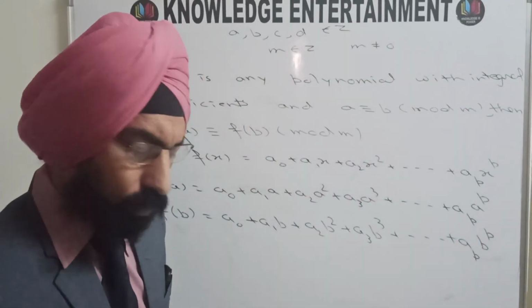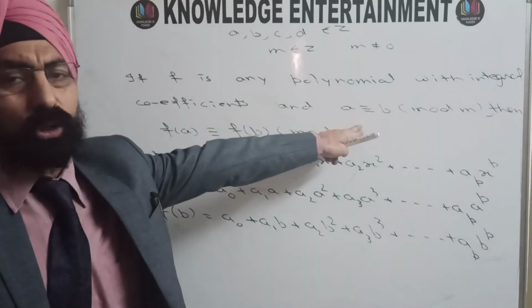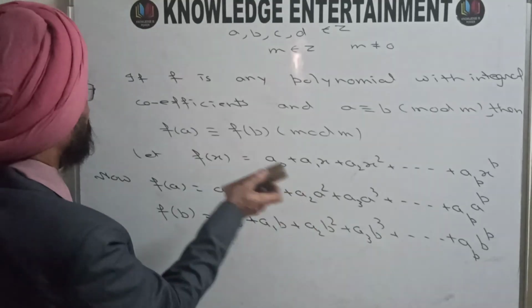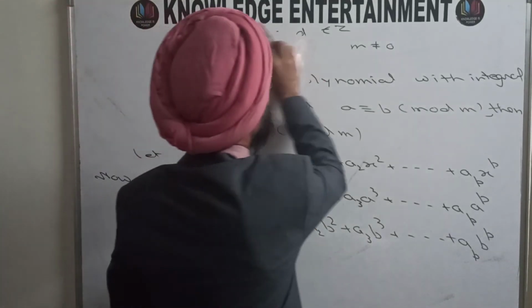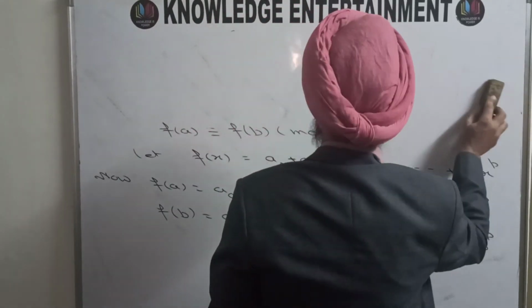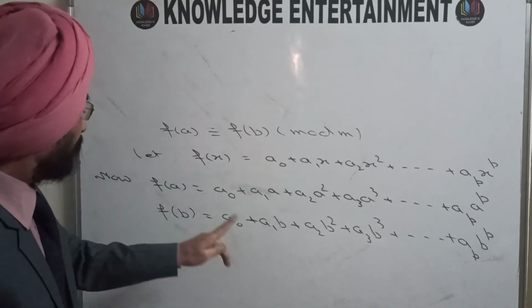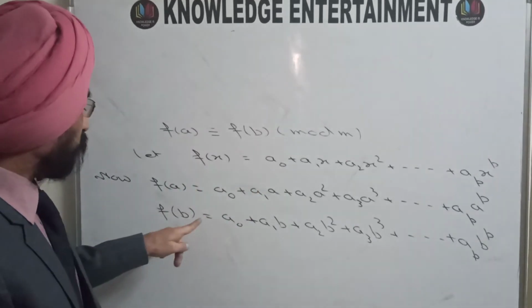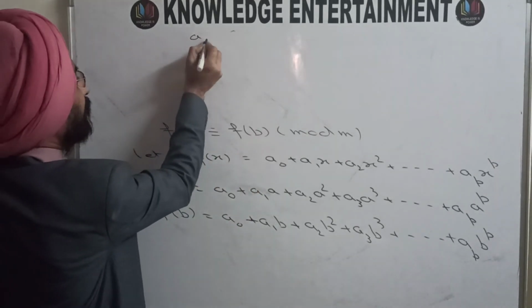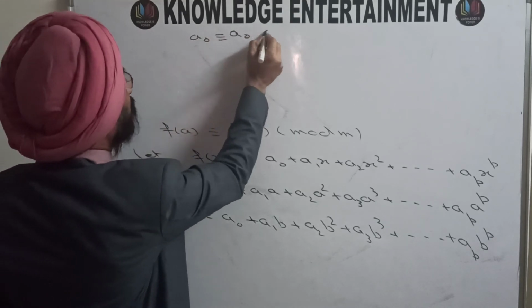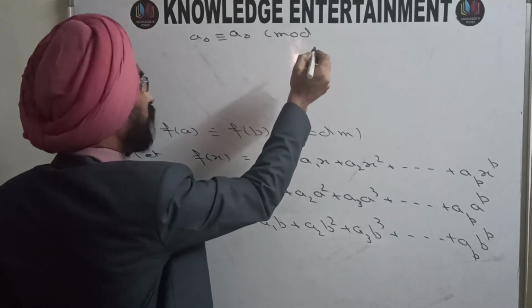Now we are given that A is congruent to B modulo M. This is given to us. I am just using the previous result now to prove it. a0 is congruent to a0 modulo M is okay. Why okay?